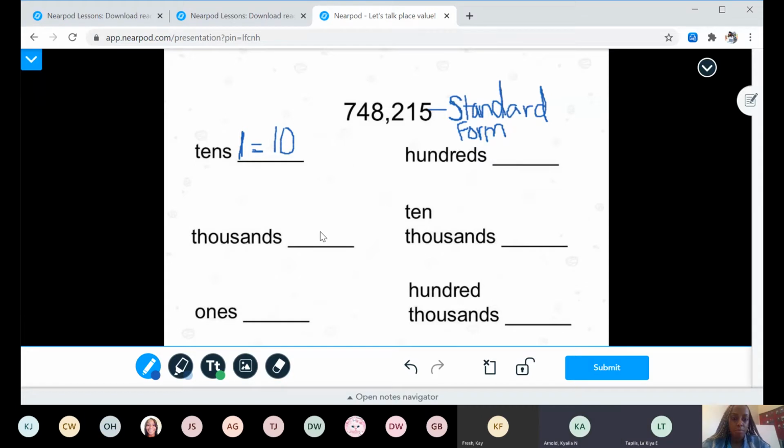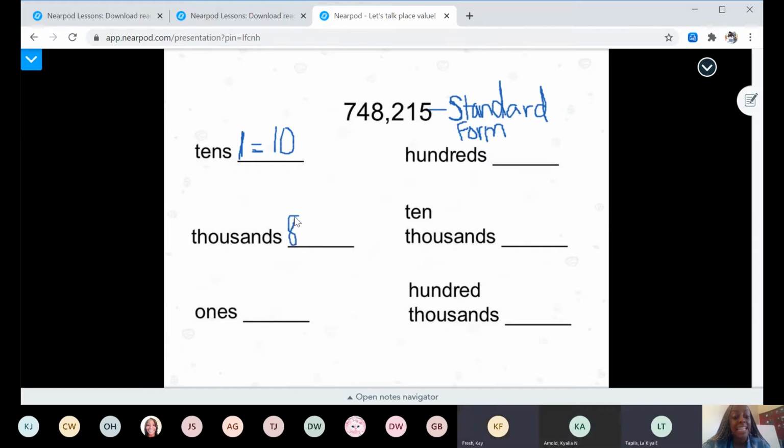7. Wait, no, 4. Okay, let's start from our ones place. This is our ones, tens, hundreds, thousands, 10,000s, and then the 100,000s. So what digit was in the thousands place, Lily? 8. The 8.